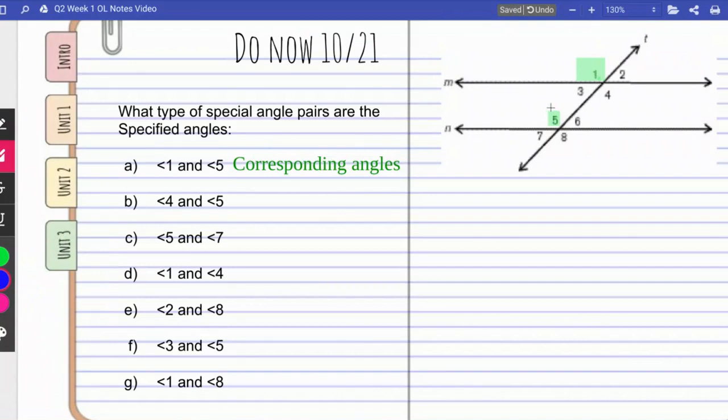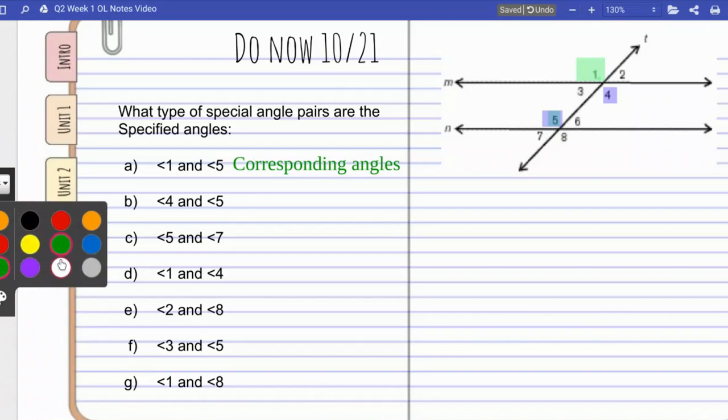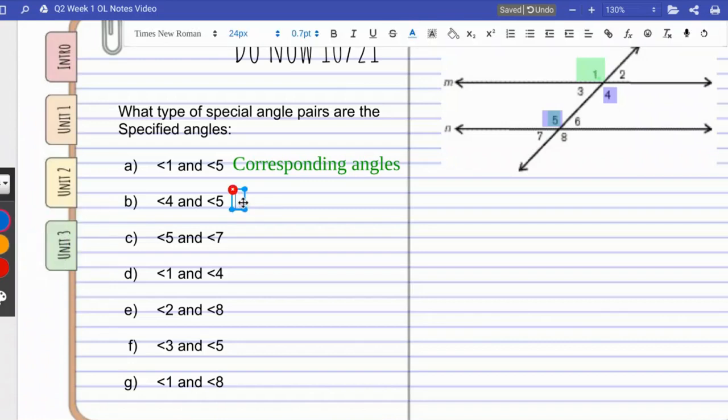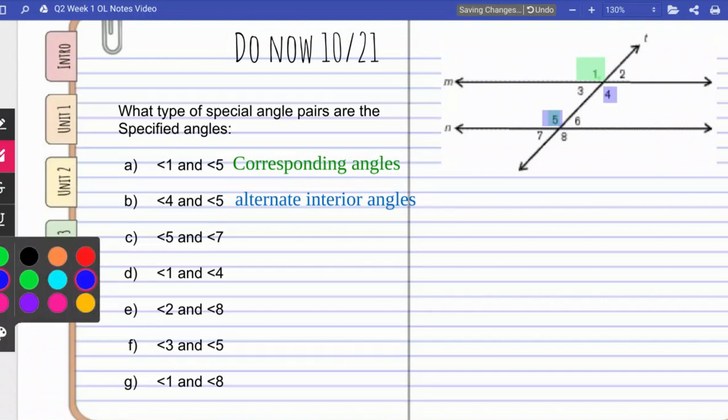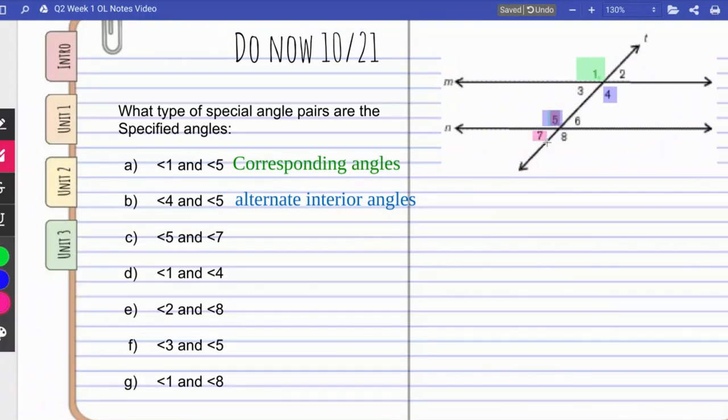Let's go look at 4 and 5. Here's 4. Here's 5. They're on opposite sides of the transversal, but they're interior. So we call those alternate interior angles because they're in between your line M and line N. 5 and 7.